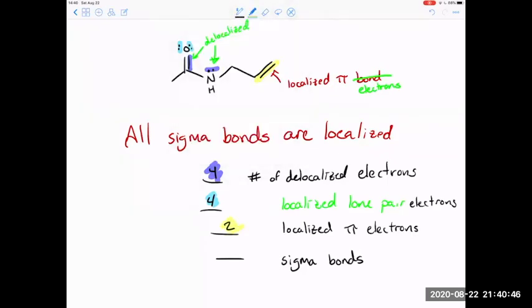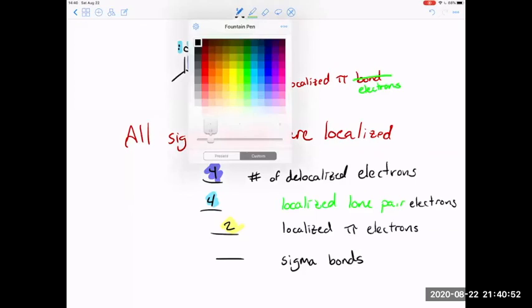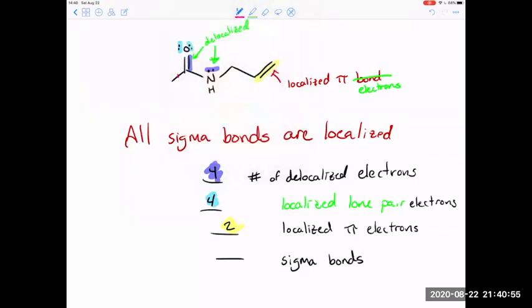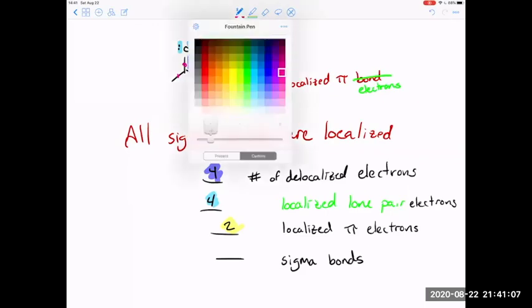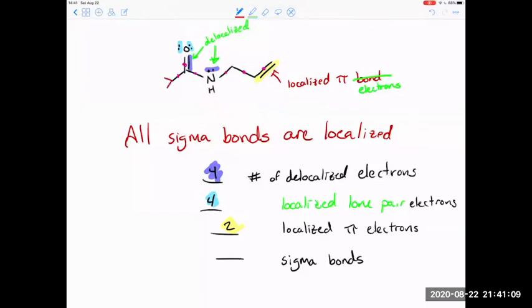Okay. And then sigma bonds is actually kind of a pain, because of course we have the ones that we can specifically point to here. 1, 2, 3, 4, 5, 6, but that's not all of them, correct? Yeah, then there's all the hydrogens attached to the ends of everything else. Exactly.